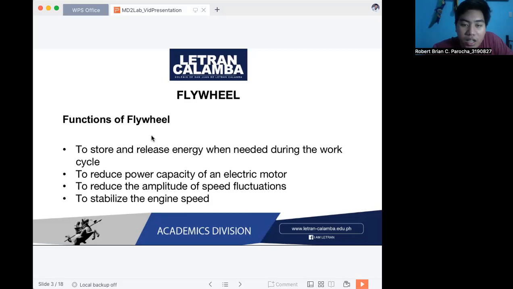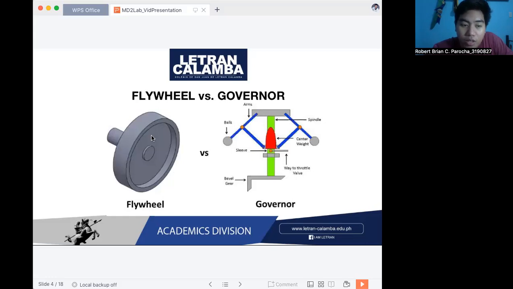Next is the difference between the flywheel versus governor. So from the image, as you can see, you can tell the difference between those two bodies in physical state, but we will differentiate their functions in the machine. First up is the flywheel, this one.